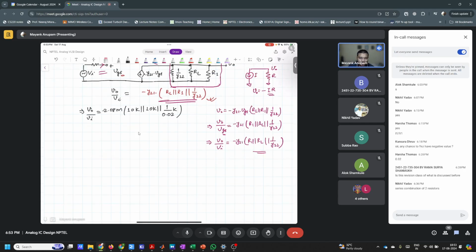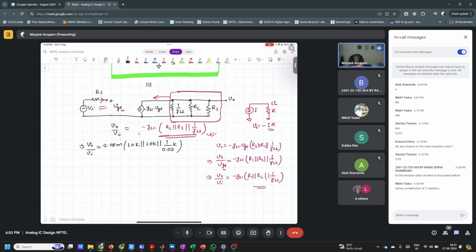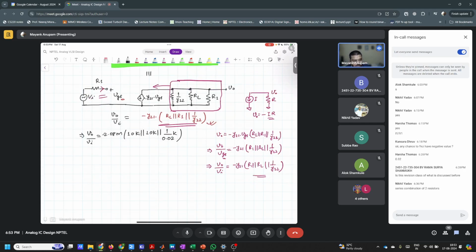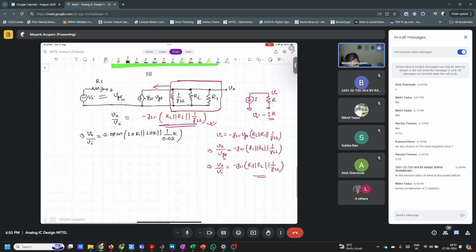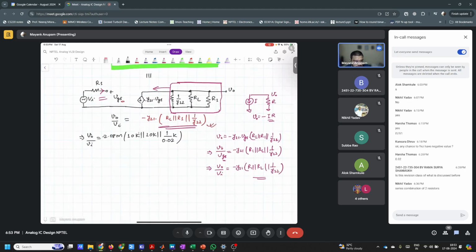So you know that for resistors in parallel, it is difficult to find the effective resistance just like that. A better way is, if you find that there are resistors in parallel, convert them into conductances, then you can simply add them. Resistors in series, we just add them. But in parallel, we cannot add resistors, we have to add them inversely.